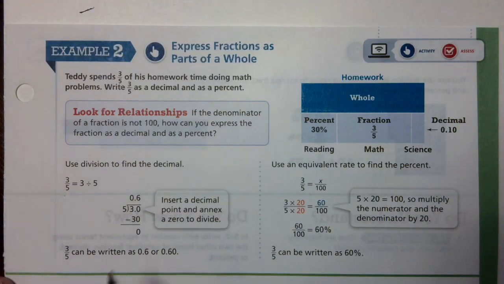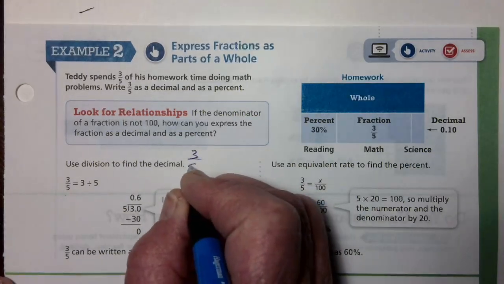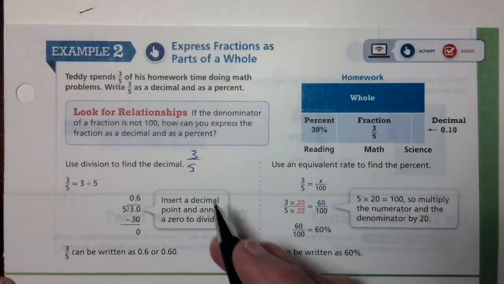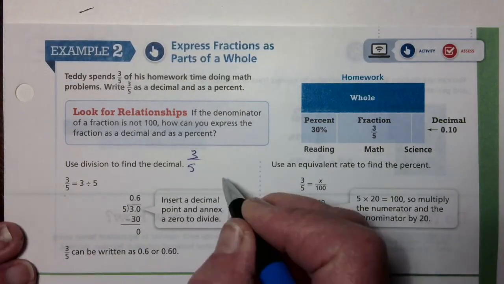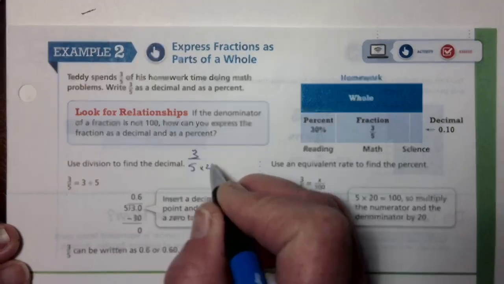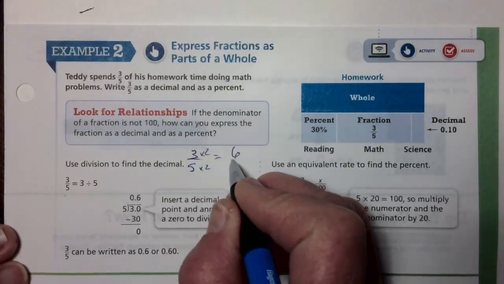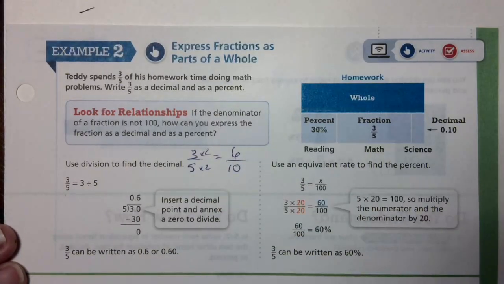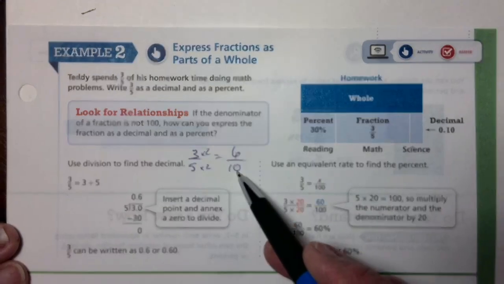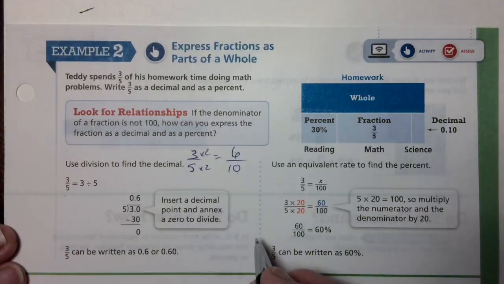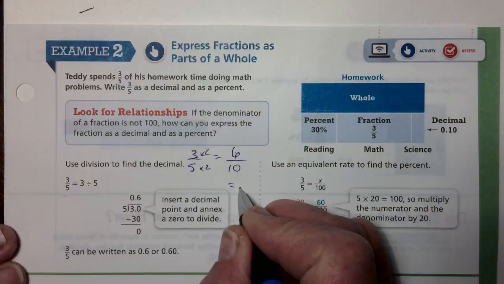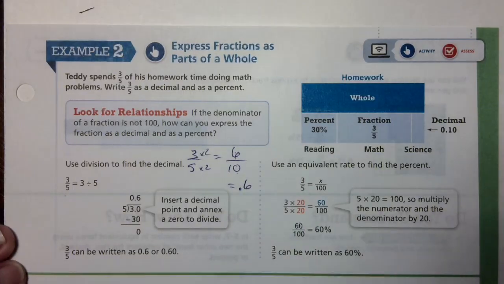Or you can take 3/5 and change this number into tenths. If I multiply this by 2 and multiply this by 2, we get 6/10. If you know how to read 6/10, you get the same thing. If you can read the fraction, you can write the decimal.